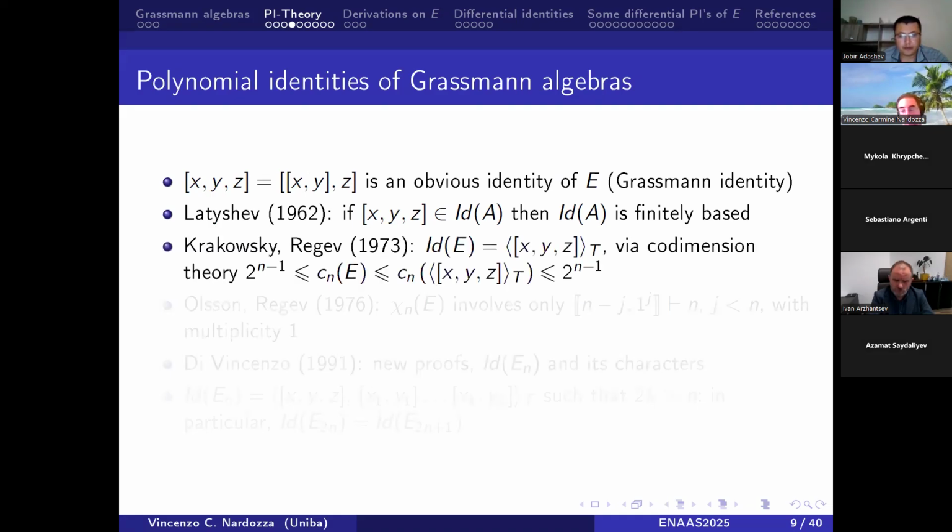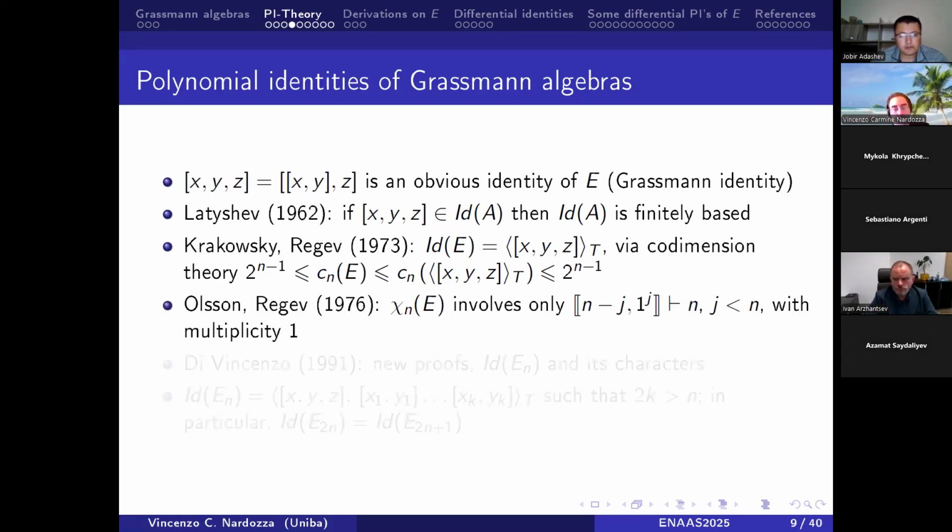Later, ten years later, Krakowski and Regev, by the codimension theory, codimensions were introduced by Regev in 1970, proved in this particular way that the ideal of identities of the Grassmann algebra E is in fact generated by the Grassmann identity only, through this series of inequalities.